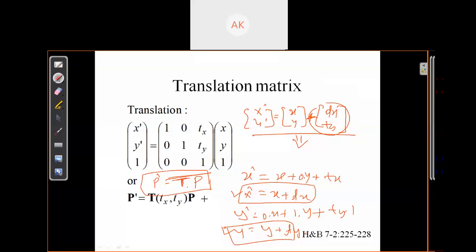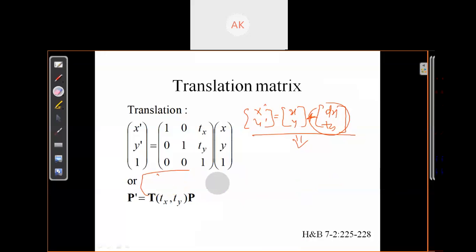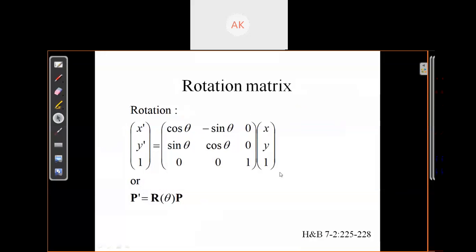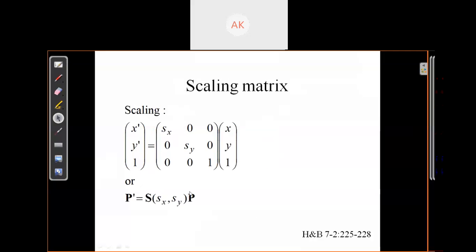In the same way, you can write the equations for rotation and scaling in this multiplicative form. As you can see here, R is multiplied with p, your original coordinates, and you can write this equation in this form. So all these three equations are in the same form, which is p dash equals some matrix into your original coordinates.